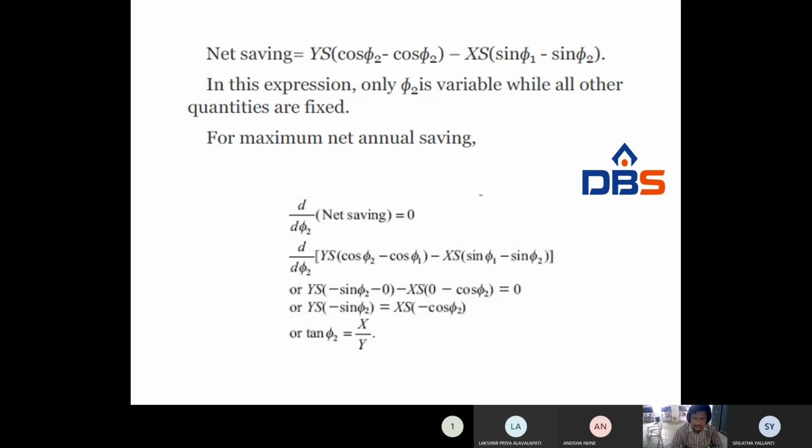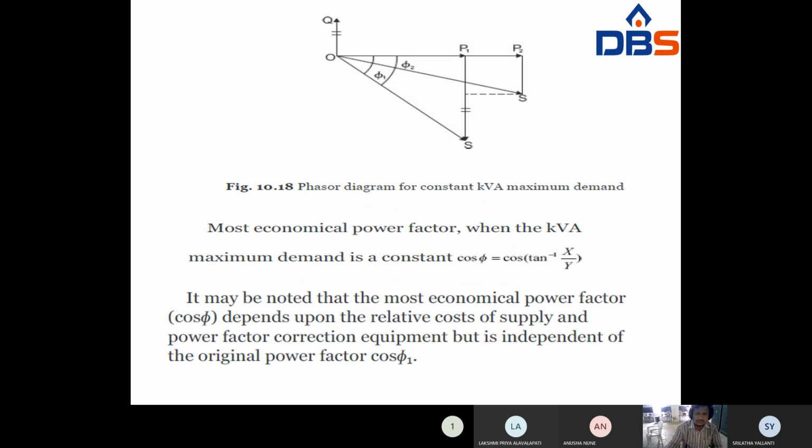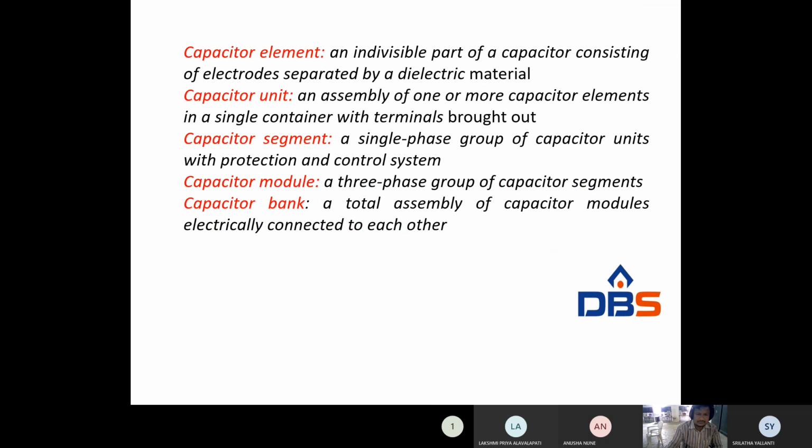In this expression only phi 2 is variable, while all other quantities are fixed. Therefore, we differentiate the net saving with respect to phi 2 and determine the condition tan phi 2 is equal to x by y, from which cos phi 2 is obtained.